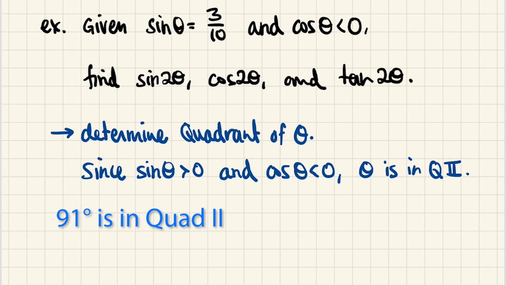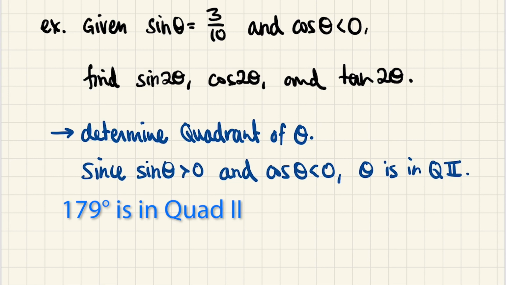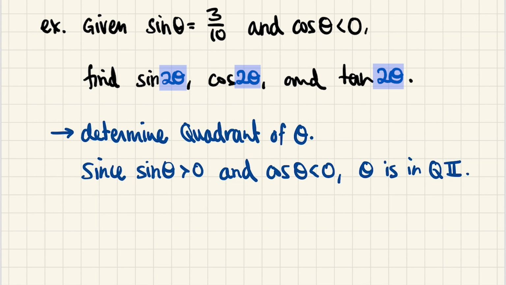If you double it, you'll get 182 degrees, and that's barely in the 3rd quadrant. At the other extreme, 179 degrees is also in the 2nd quadrant, just barely, and if you double that, you'll get 358 degrees, which is certainly in the 4th quadrant. So we don't know if 2 theta is in quadrant 3 or quadrant 4.